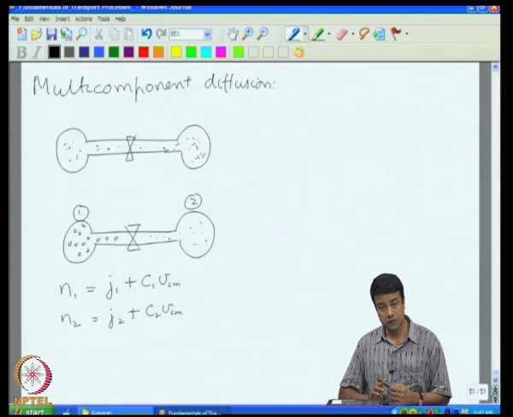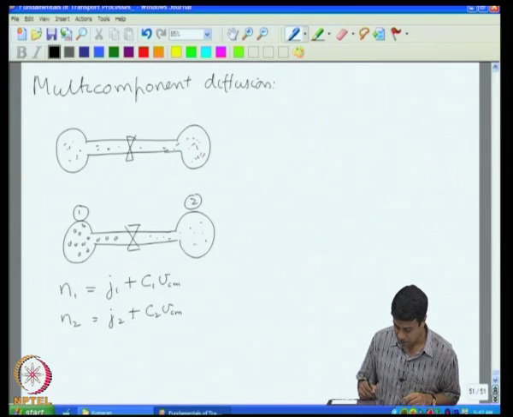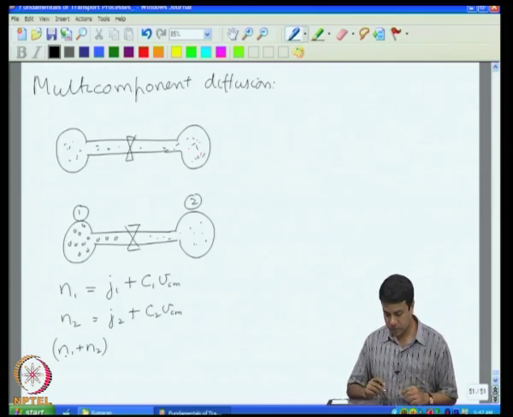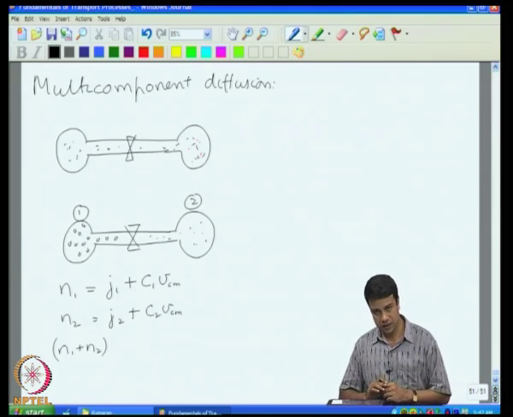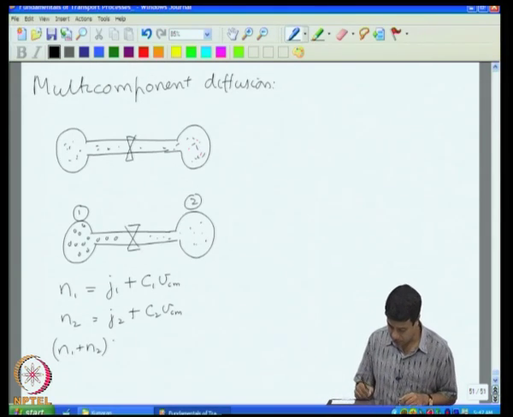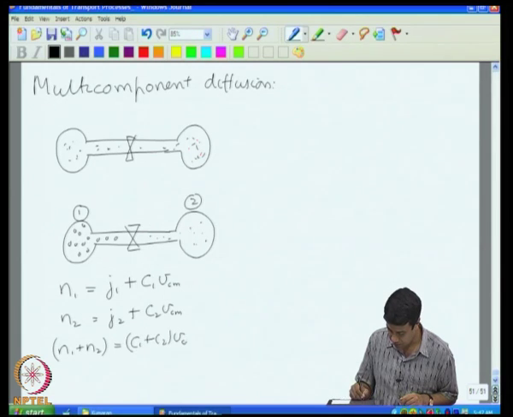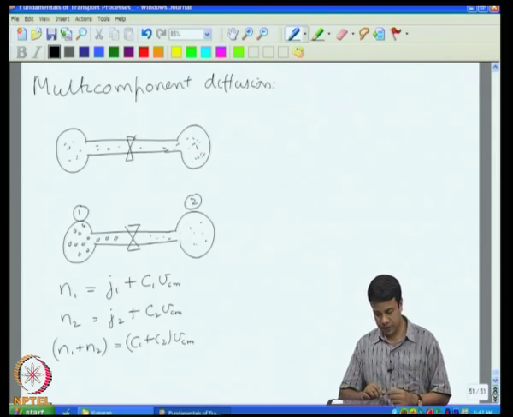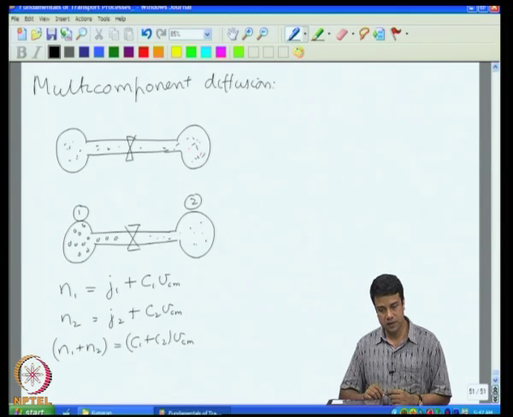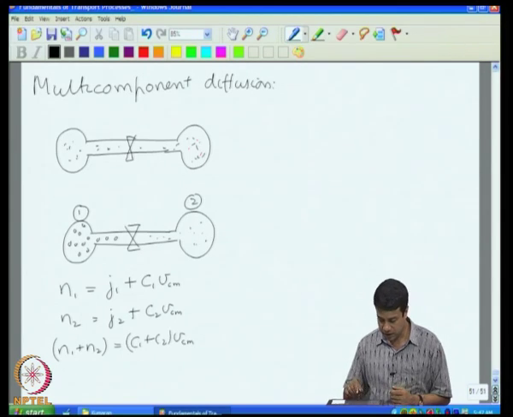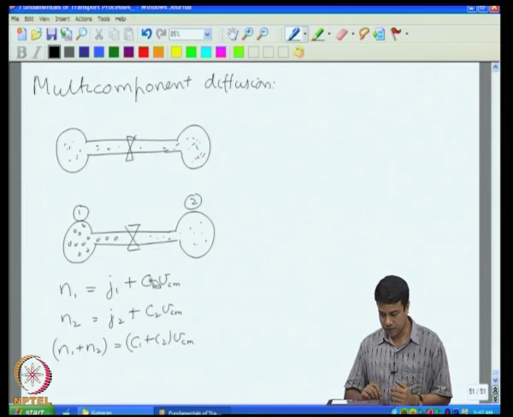Now, how do you calculate the velocity of the center of mass? From the total transfer. So, N1 plus N2 is the total flux, total mass flux. This one has got to be equal to C1 plus C2 times the velocity of center of mass. So, from this I can calculate what is the velocity of the center of mass and then put that in here to calculate what is the total flux.